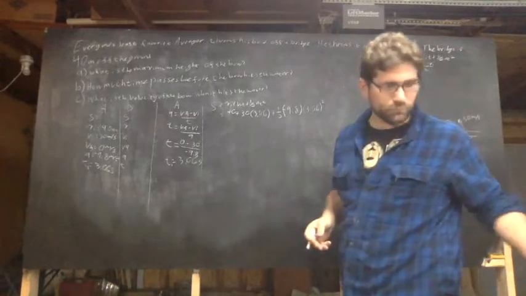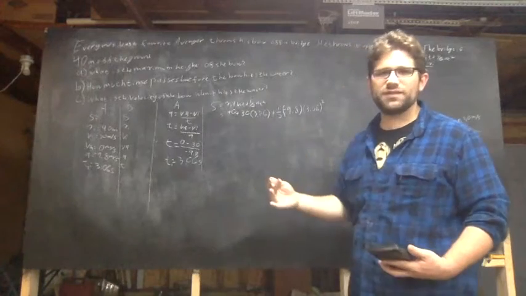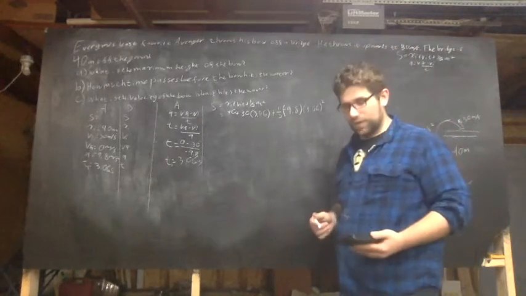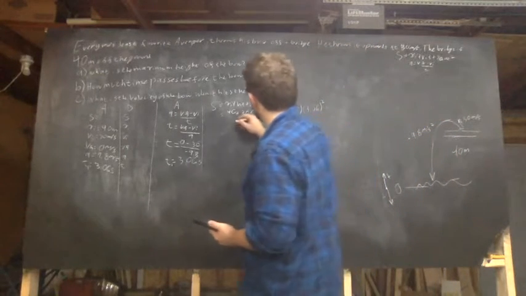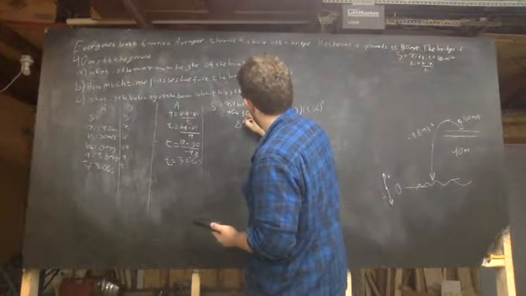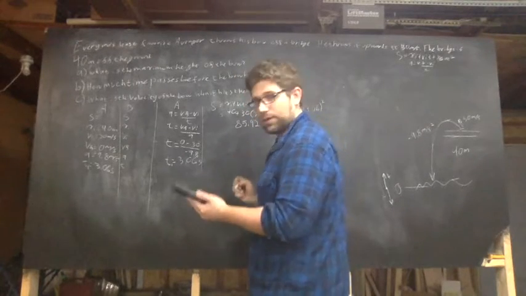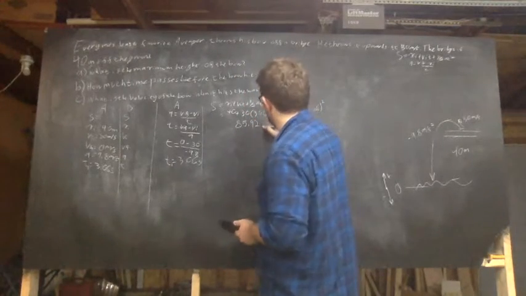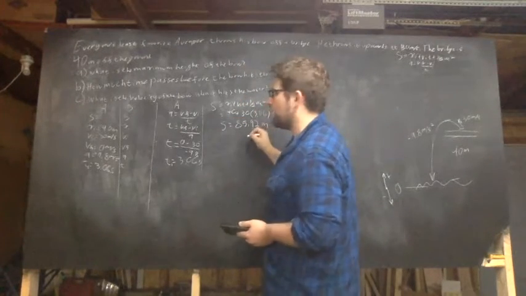Great. Now, let's just punch that whole thing into our calculator. Nice and simple. Okay, our answer is going to be 85.92. It was 0.918, but I'm rounding up to the hundredths position. And that's going to be in meters. So that's going to be our S.